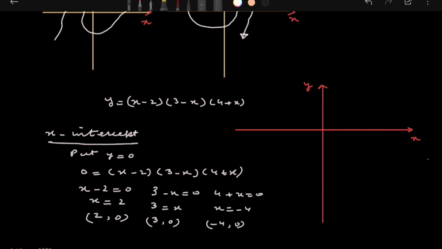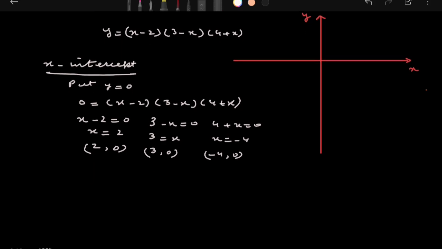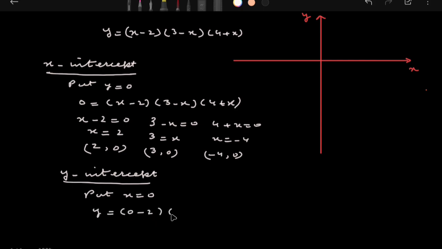Now we have to find out the y-intercept. For this purpose, we are going to put x is equal to 0. Now y is equal to (0 minus 2)(3 minus 0)(4 plus 0).